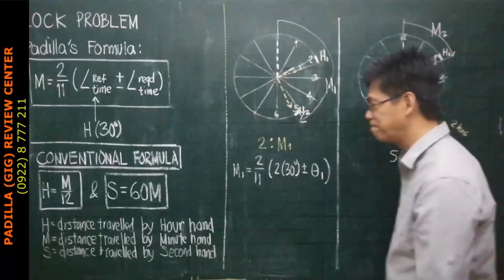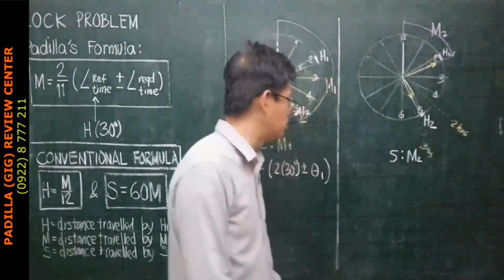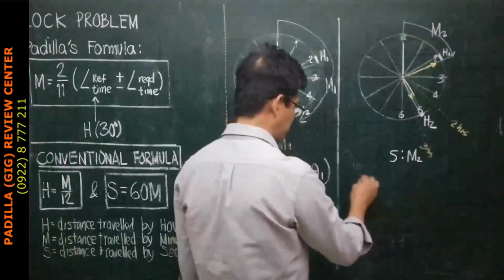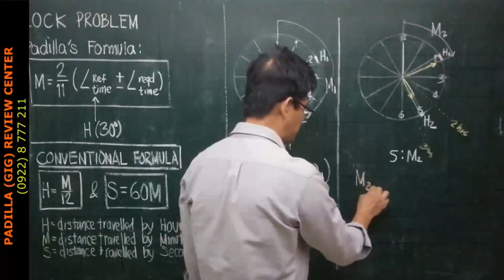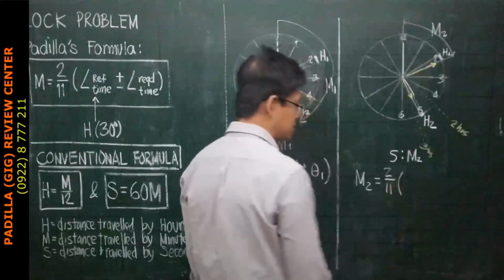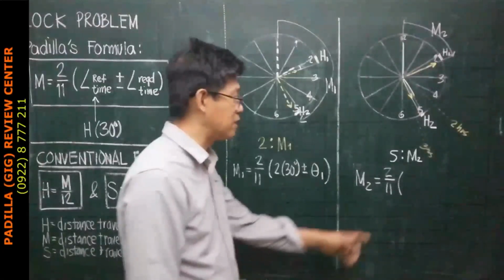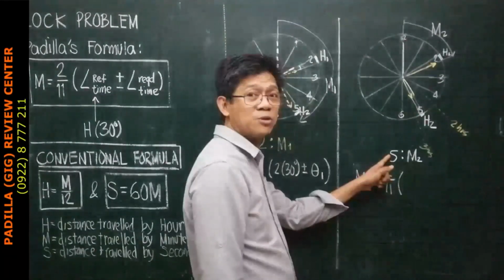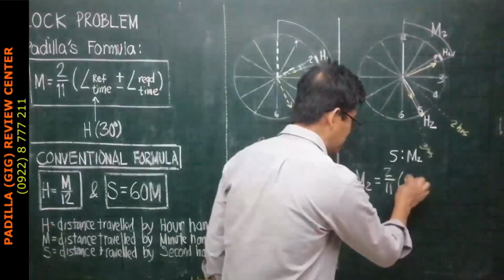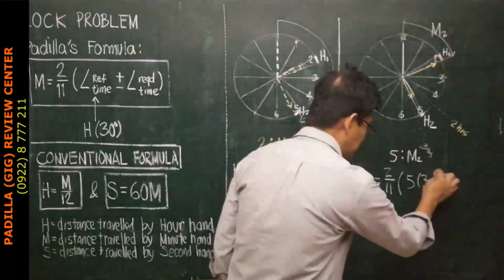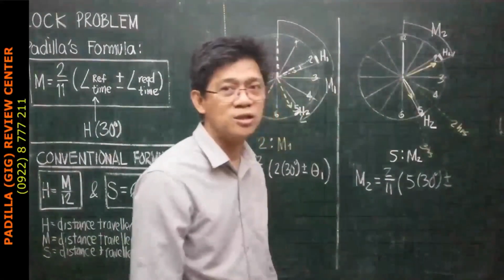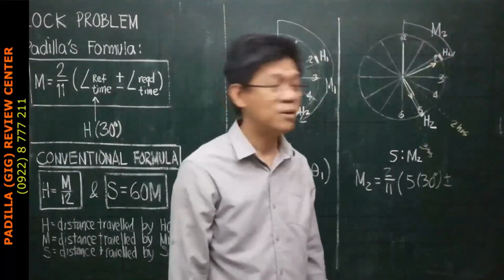Right. Okay. Now, let us move to this one. If we will solve M2 here using Padilla's formula, this is 2 over 11 times angle during the reference time, H times 30. This is past 5 o'clock, so H is 5 times 30 degrees plus or minus the angle during the required time.